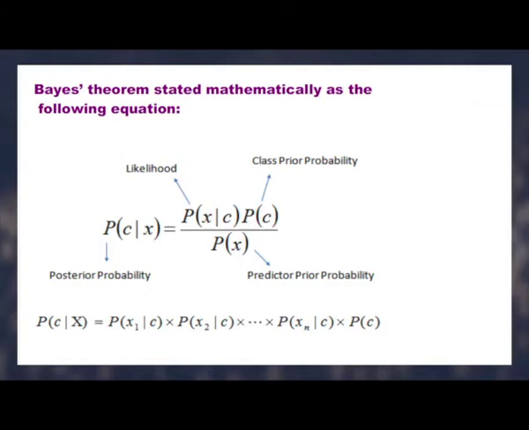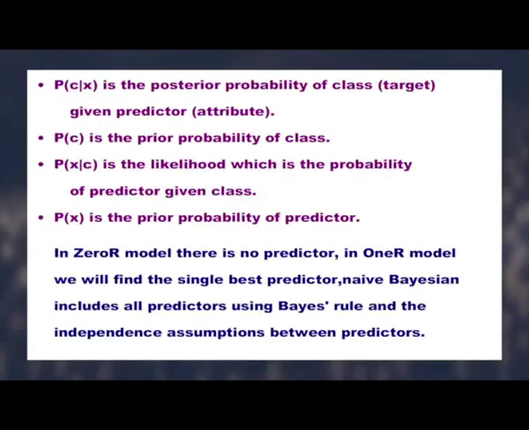Probability of C given X is equal to probability of X given C into probability of C divided by probability of X. It can also be written as probability of X1 given C into probability of X2 given C so far up to probability of Xn given C into probability of C. Here, probability of C given X is the posterior probability of the class which is the target, given predictor which is the attribute.